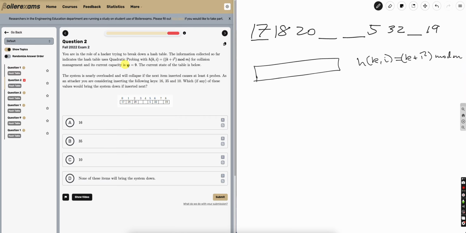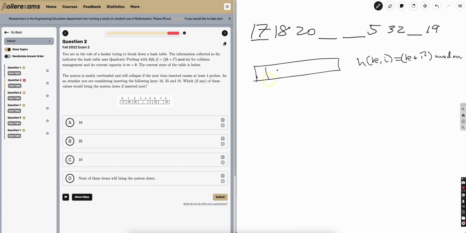Here we are given that m equals 9, but we'll deal with that later. We're trying to insert either 16, 35, or 10 as the k value because that's the input value. And then i is used to increment one by one when a slot is already taken.